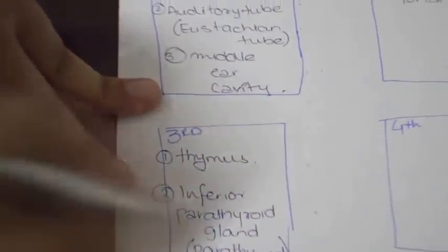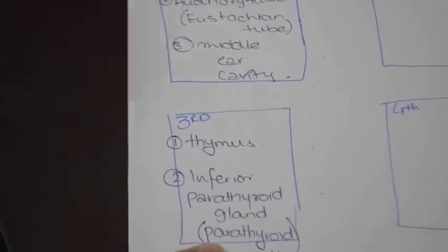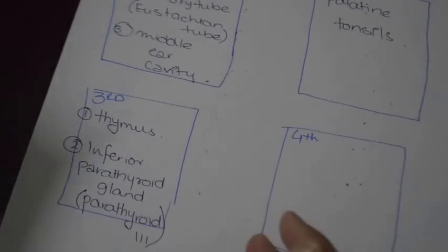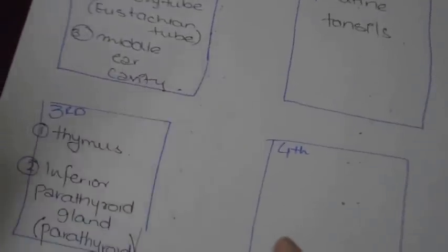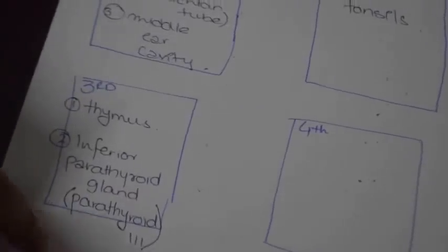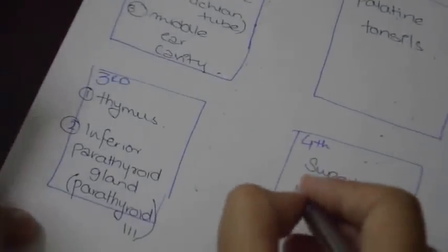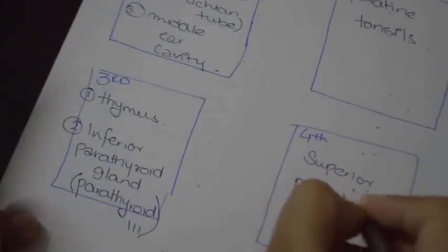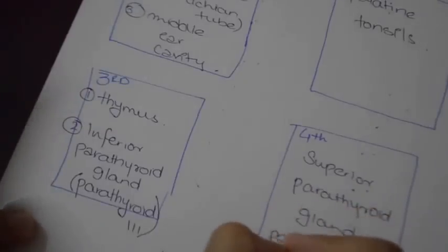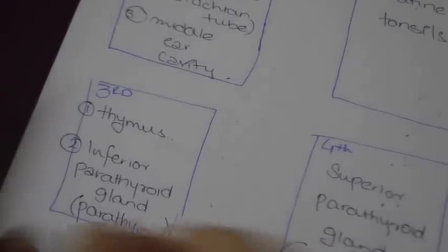The fourth pharyngeal pouch forms the superior parathyroid gland. That superior parathyroid gland is known as parathyroid 4. So it forms the superior parathyroid, and 4 in Roman numerals.